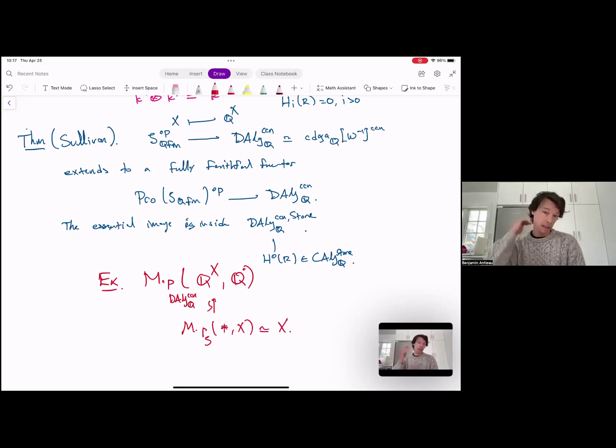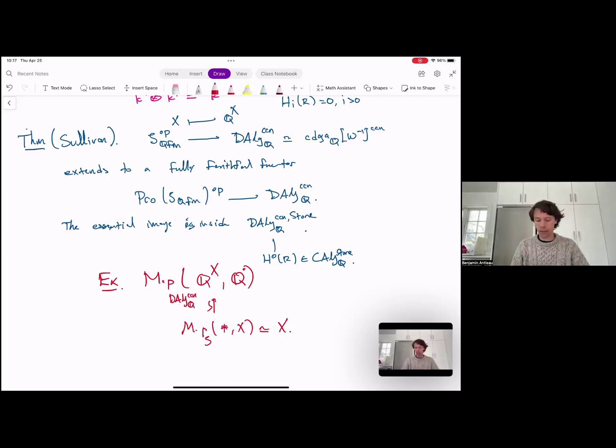And then it extends to some category of pro spaces as well. The extension to pro is nice because that includes taking the Postnikov tower. And so you also get finite type, you get unbounded spaces from this picture as well.